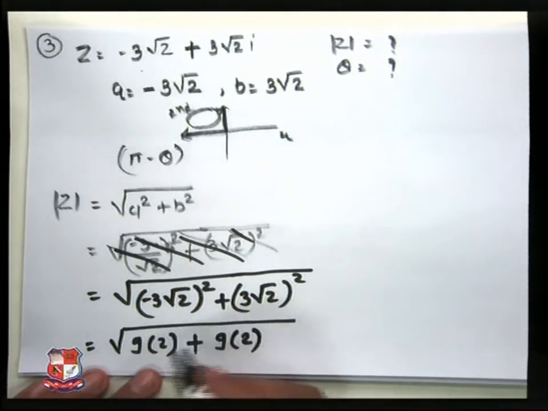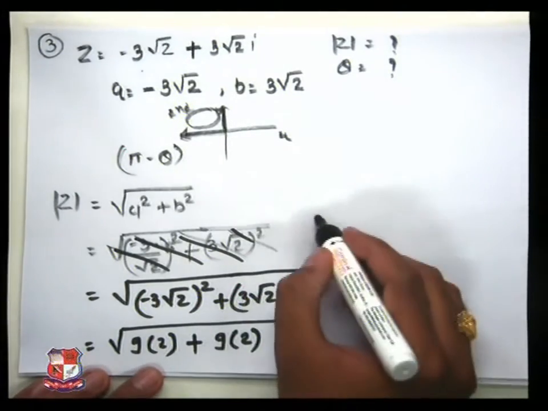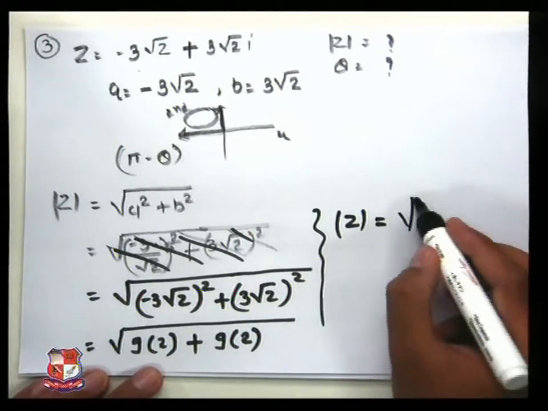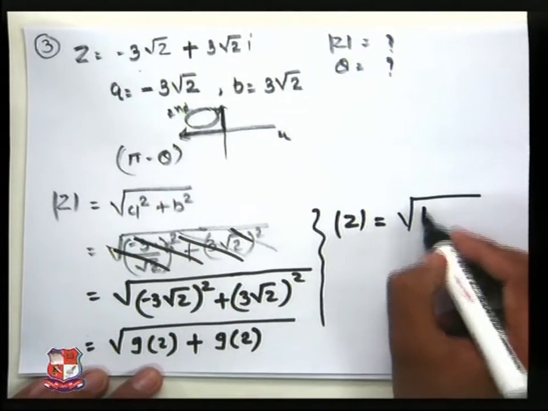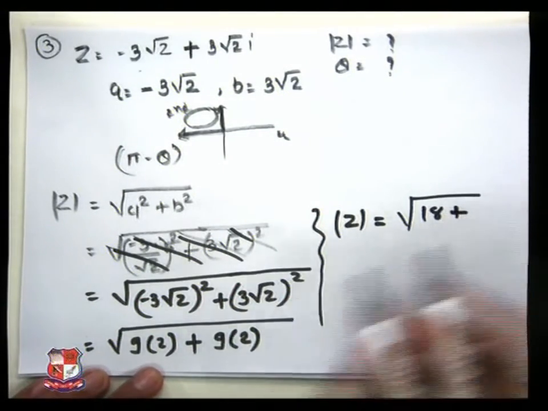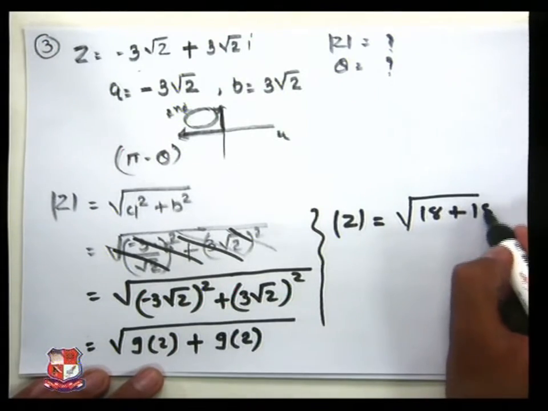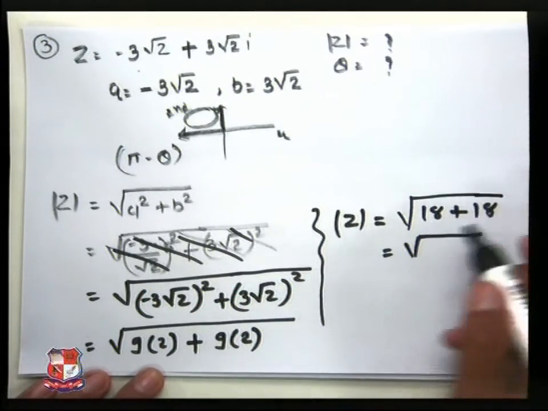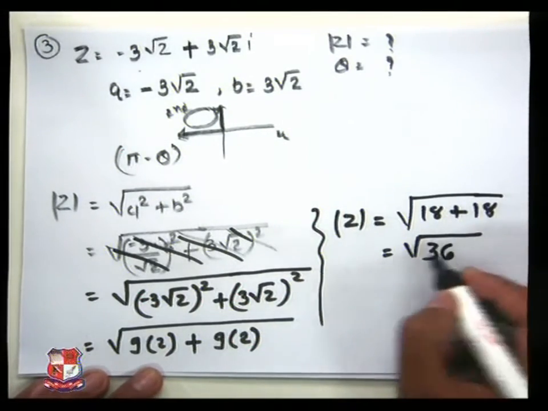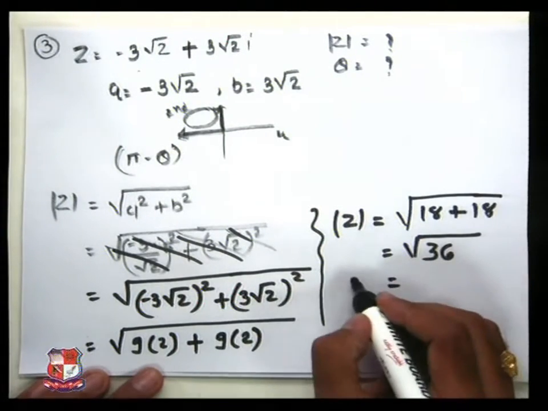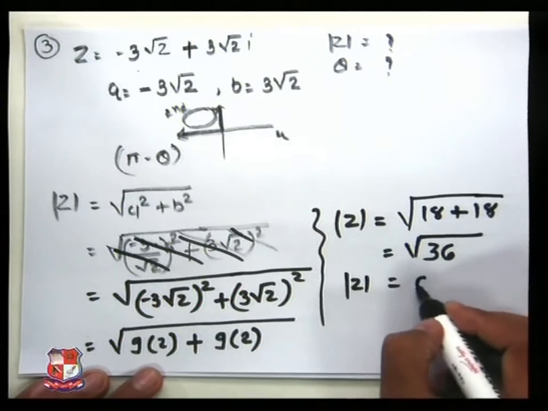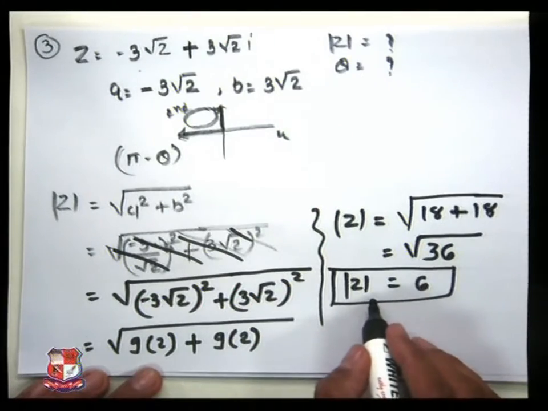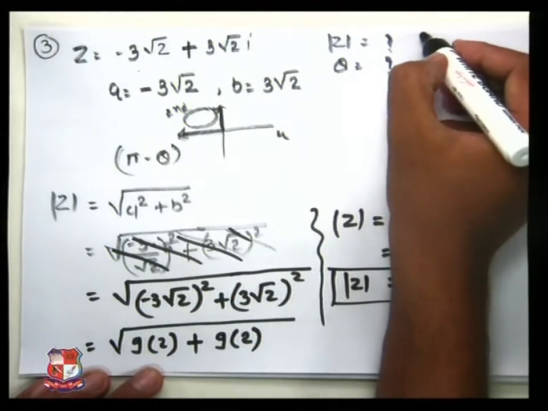Now we simplify: 9 into 2 is 18, plus sign as it is, and 9 into 2 is 18. 18 plus 18 is 36, and under root of 36, mod of z is equal to 6, because 6 into 6 is 36. So our answer is 6.